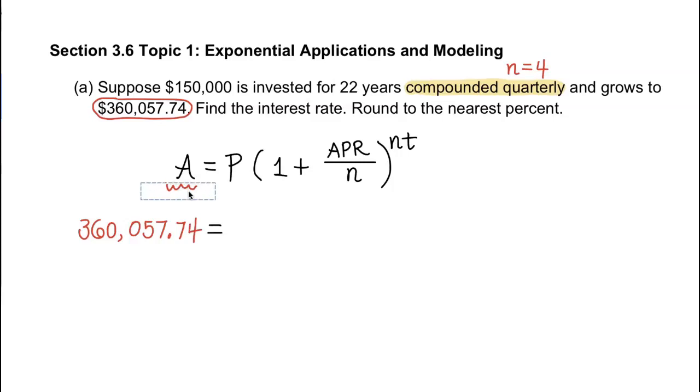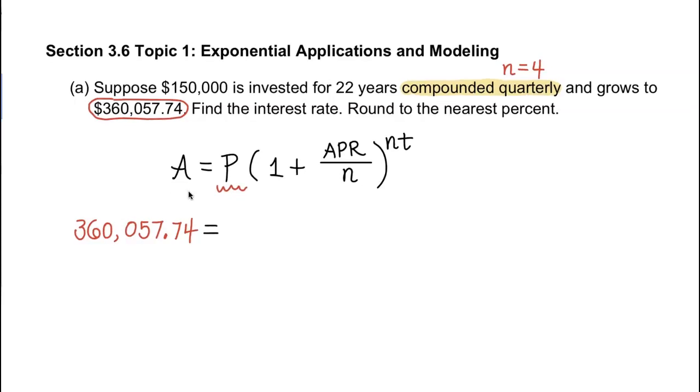Now, what about P? P stands for the initial value, the beginning amount that we had in the beginning of this investment, and that is $150,000. So for P, write down 150,000. Now open up the parenthesis and let's start writing 1 plus. We don't know what that APR is, so let me write r, lowercase r, for APR, divided by N of 4.